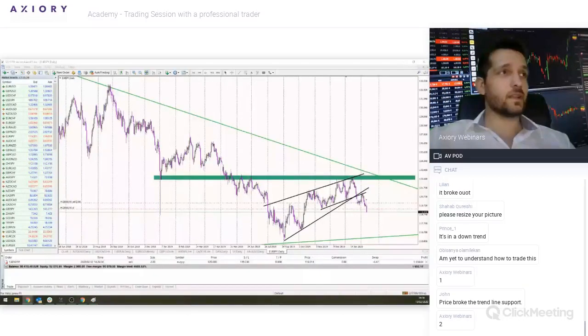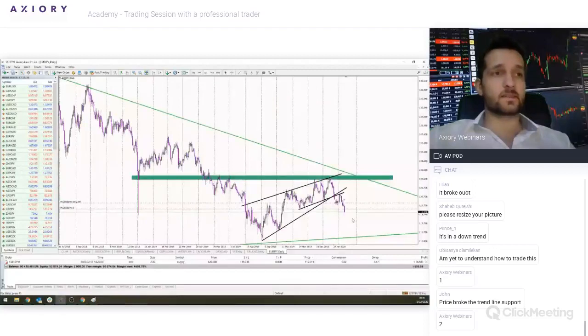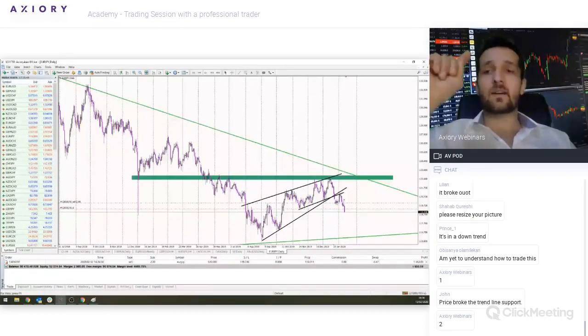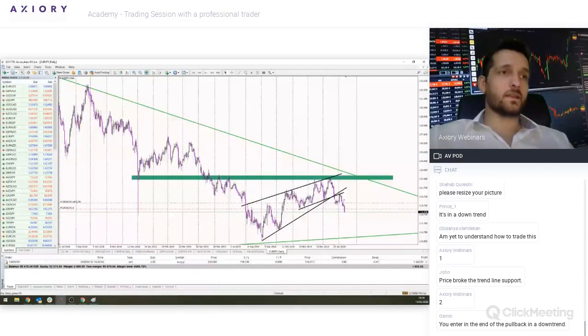Although the trend line, the main trend line is here, which shows you that it's in a downtrend, but price broke 2 important supports. First one was this, and second one was this. So this is 2. What are those formations? What is this formation and this formation? Please.